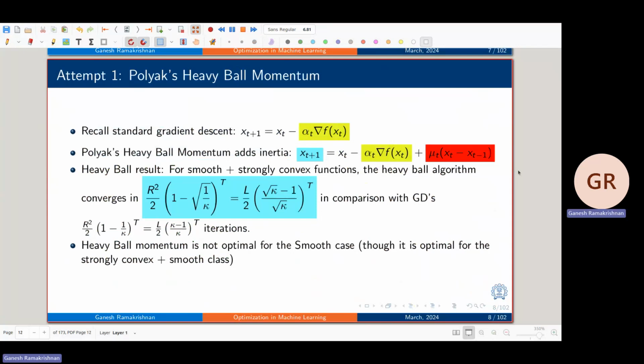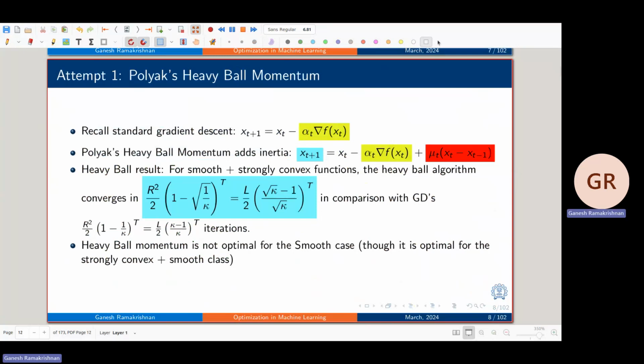So you've gone from L by 2, slightly gone down.